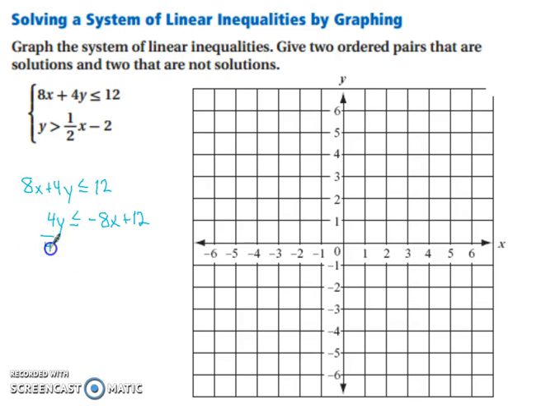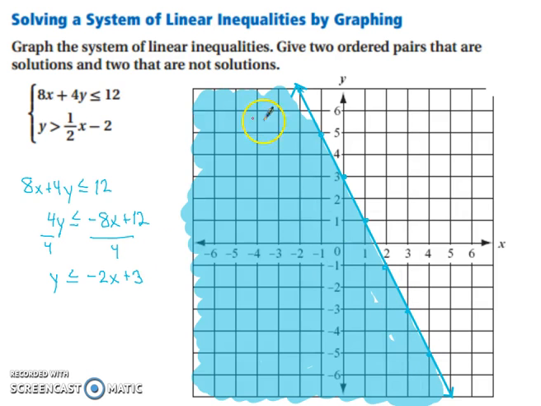Now we can divide both sides by 4. Remember, you divide the entire side by 4. So we're left with y is less than or equal to negative 2x plus 3. Now we're going to graph the boundary line, which is going to be a solid line. And then we're going to shade below because y is smaller.